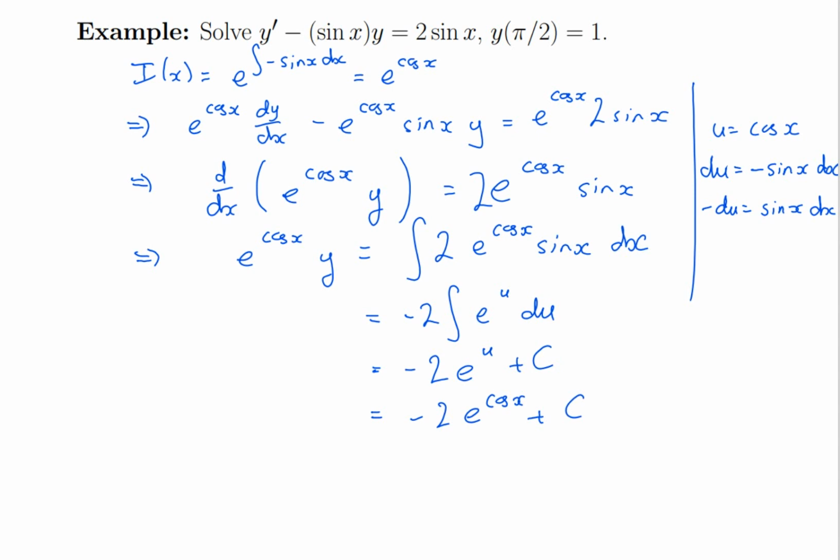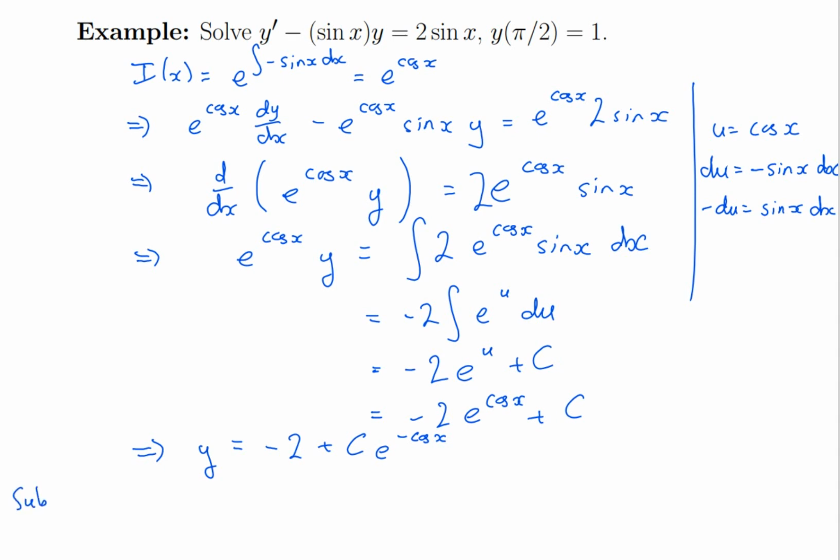Now in this case I also have an initial value, y of pi over 2 equals 1. I could either solve for y first, or I could substitute it, and I think I'll solve for y. It doesn't look too bad. Divide by e to the cos x, I get y equals minus 2 plus c e to the minus cos x.